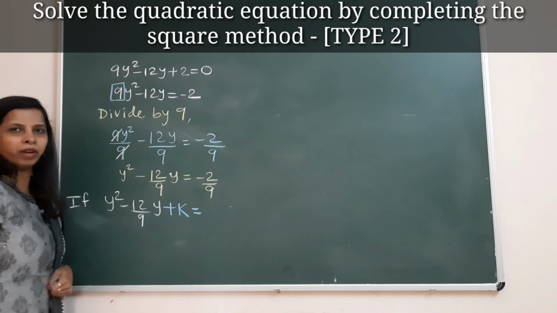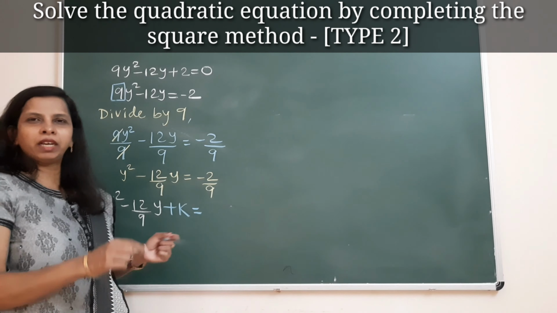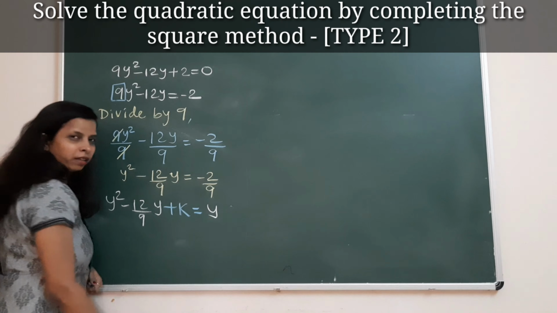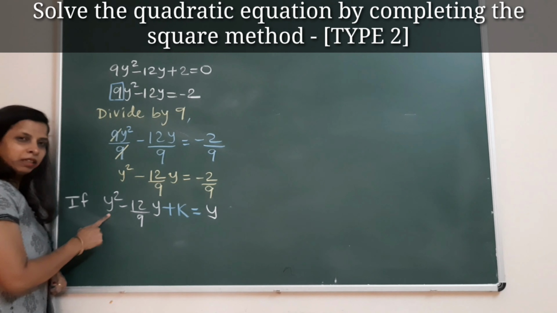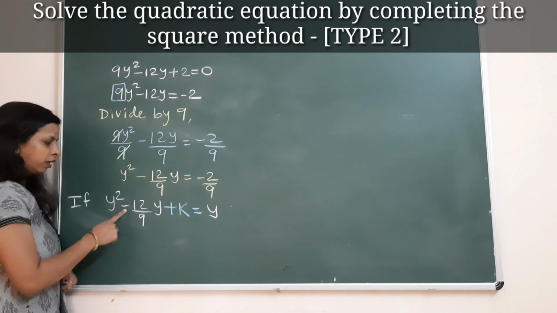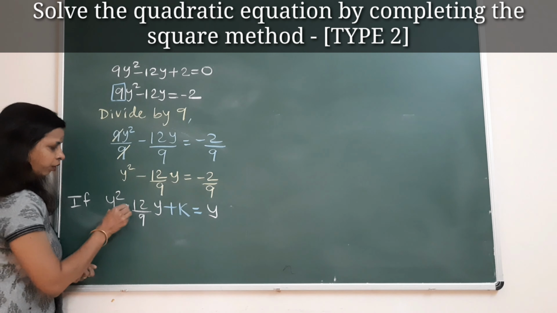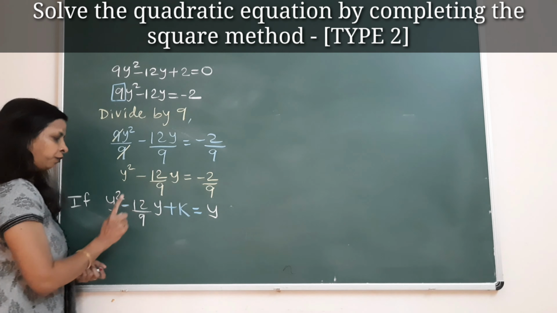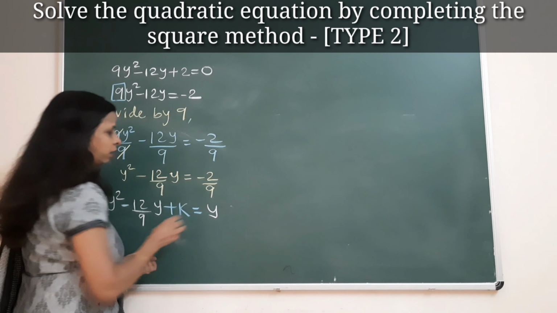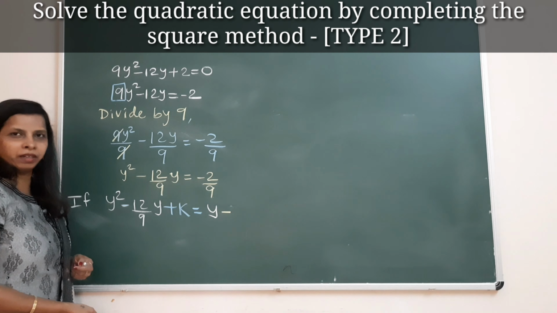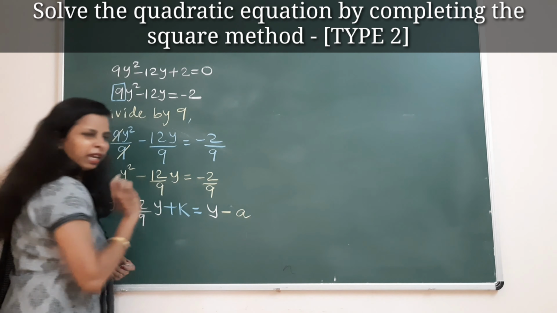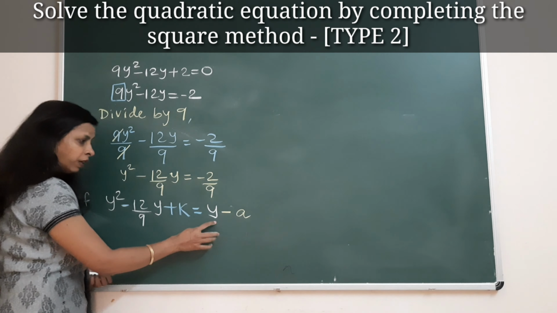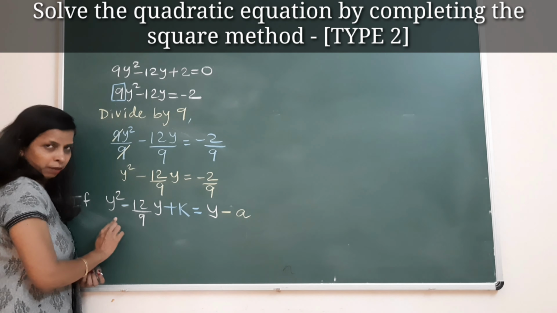Previous sum we had written x plus a the whole square, but here I will write y, because in this sum the variable is y, and minus a. If the sign here is positive, there will be positive; if it is negative, you must take minus. Remember, this variable should match the variable of the question.